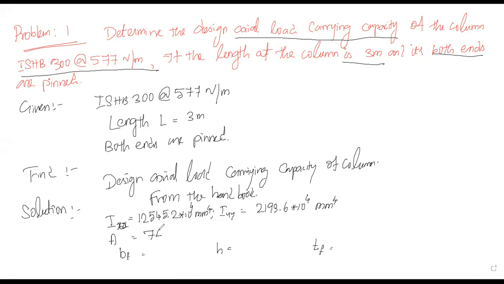The area is 74.85 into 10 to the power 2 mm square. The breadth of the flange is equal to 250, the height of the section is equal to 300, and the thickness of the flange is equal to 10.6, as per the sheet.